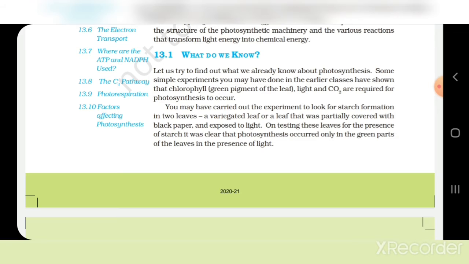That means this proved that when the plant was kept, oxygen was continuously provided to the mouse, so it carried out respiration and was able to survive, right? Now one more thing, the reverse of photosynthesis is respiration.